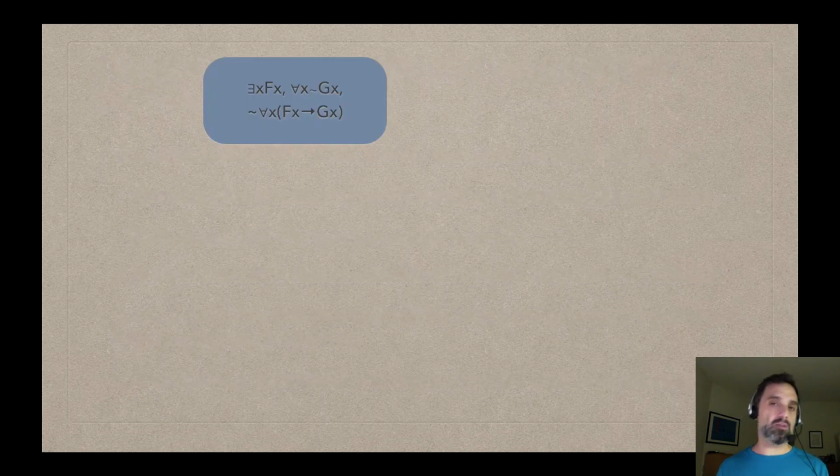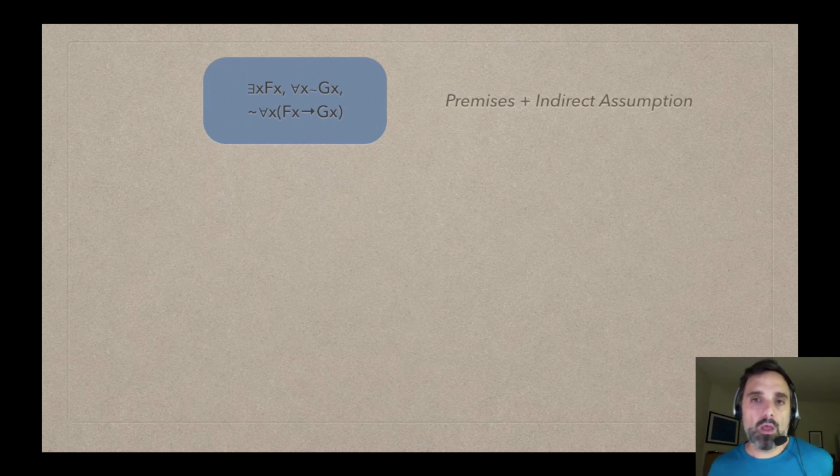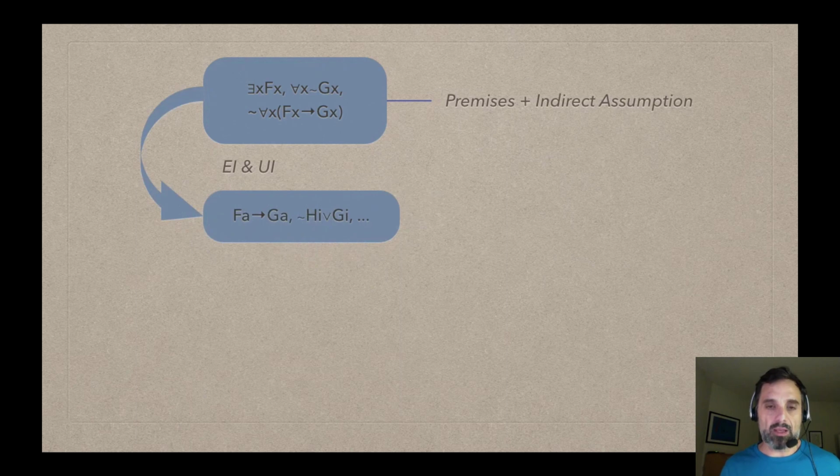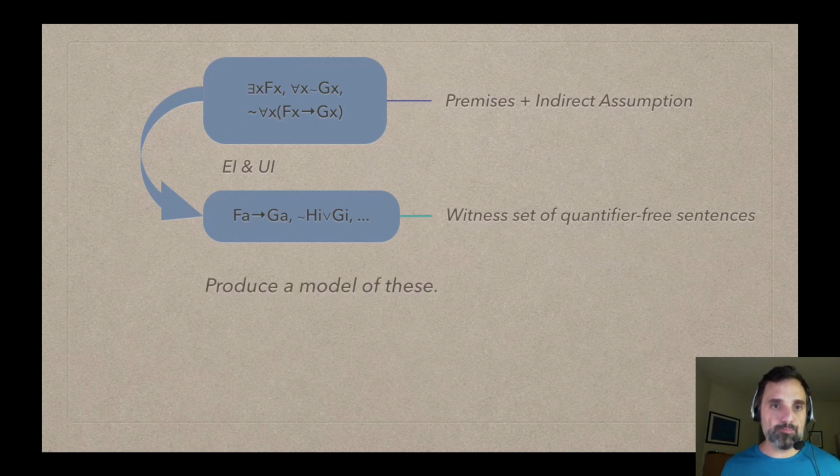So we can think of it like this. Here are our premises and our indirect assumption. And we use the EI-UI method, and we get some sentences. This is our witness set of quantifier-free sentences, produced by the EI and UI method.